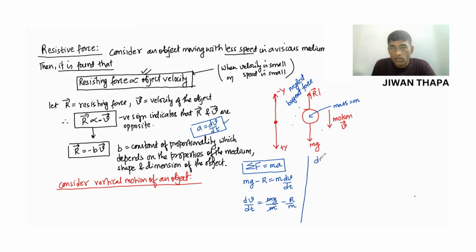Therefore dv by dt, the rate of change of velocity, equals g minus R by m. This is equation 1.